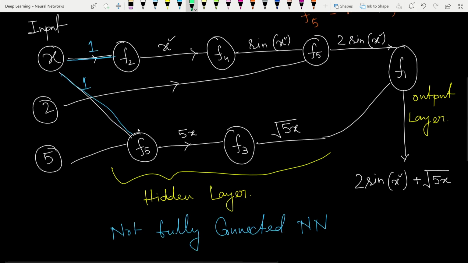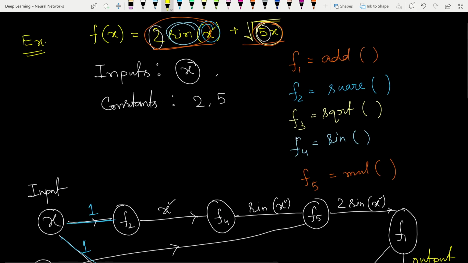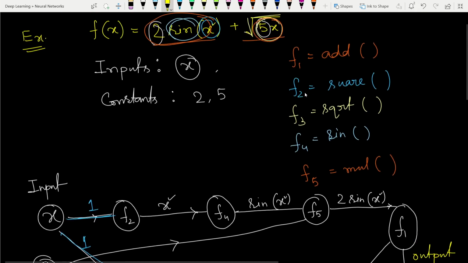So let's take a different color. 2 sine x square. First, we have to make the x square, and how will we make the x square? x square is f2 of x, where f2 is the square function.